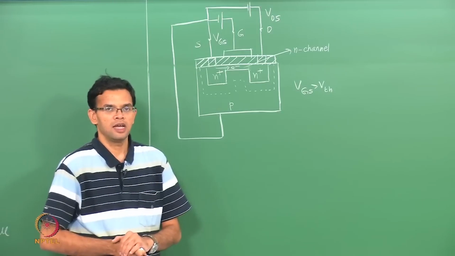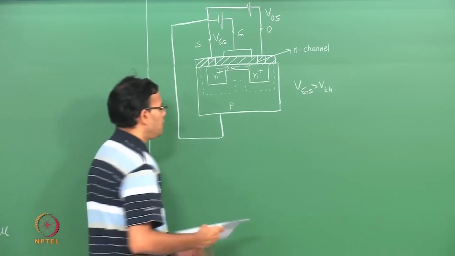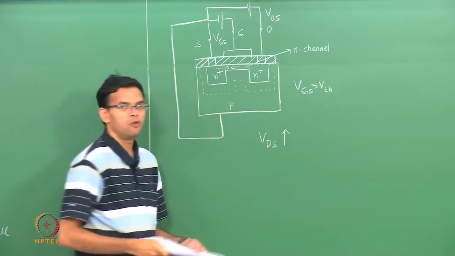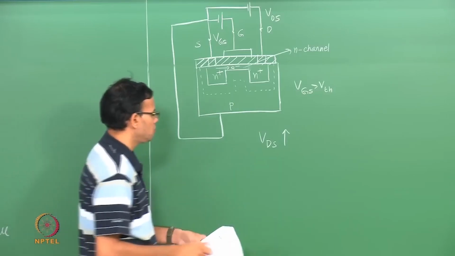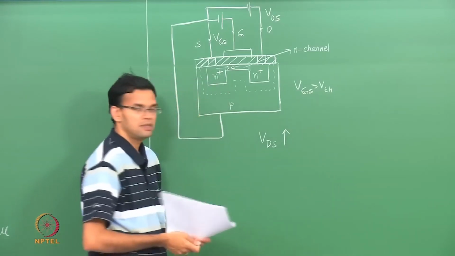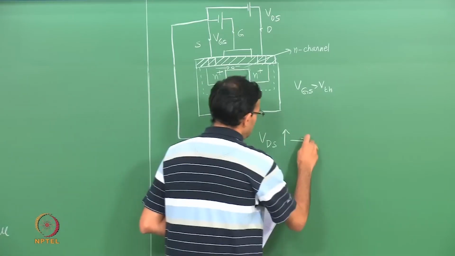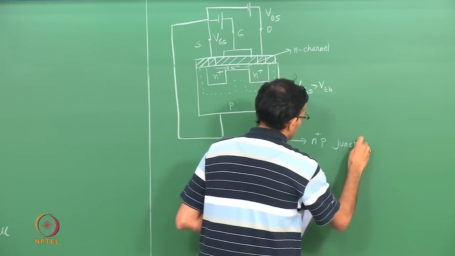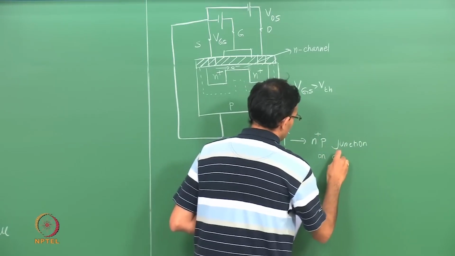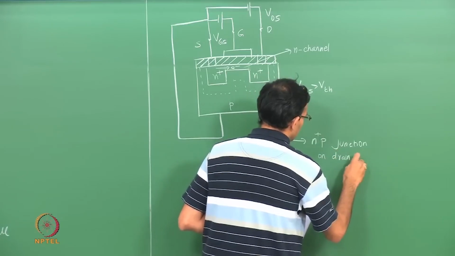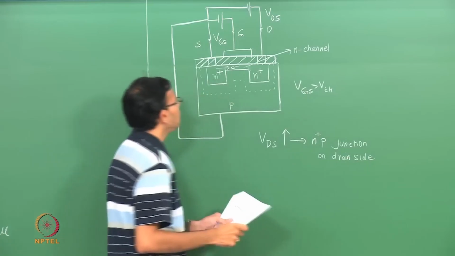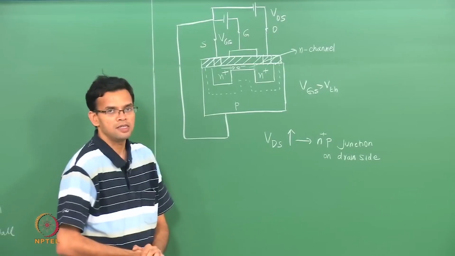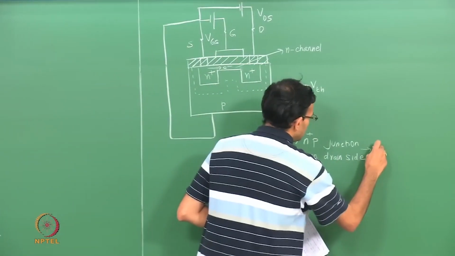Now, what happens as VDS increases? VDS is the voltage between the drain and the source. As VDS increases, if we look at the p-n junction on the drain side, N plus is connected to positive, P is connected to negative, so this is reverse biased.